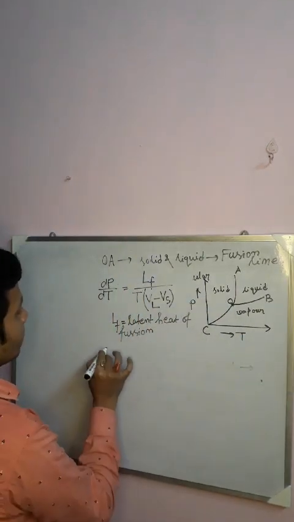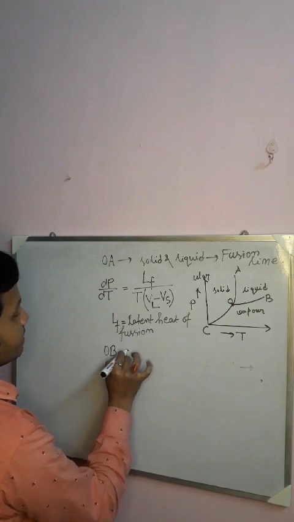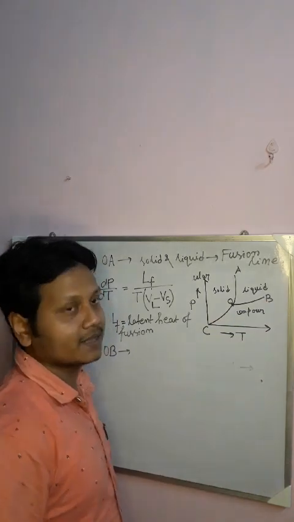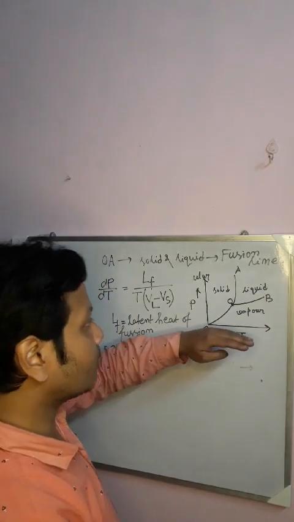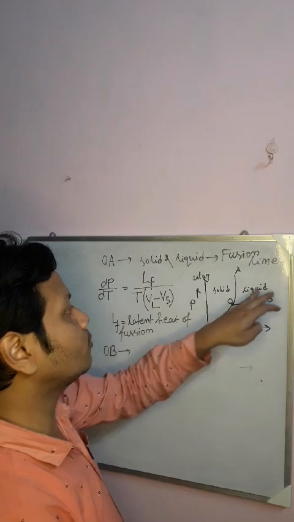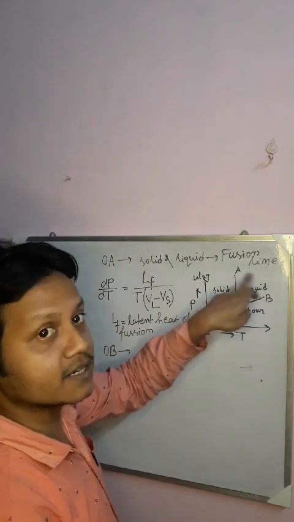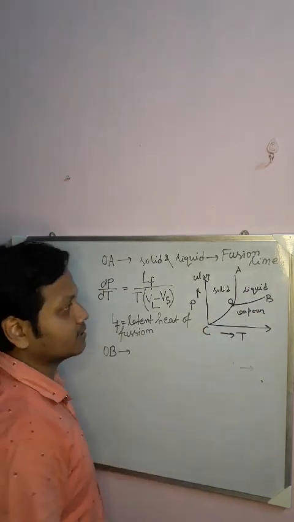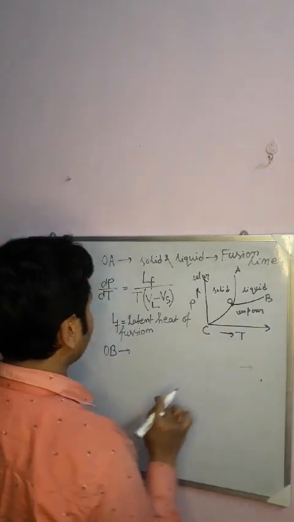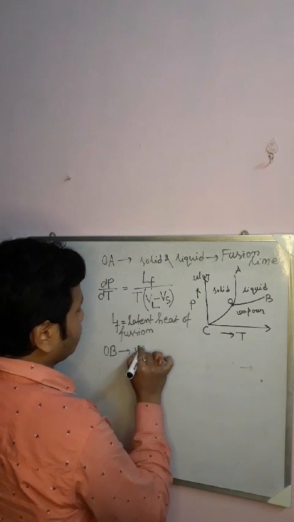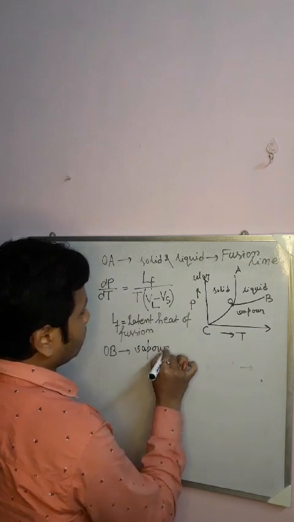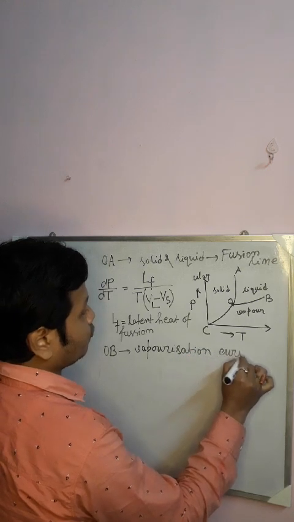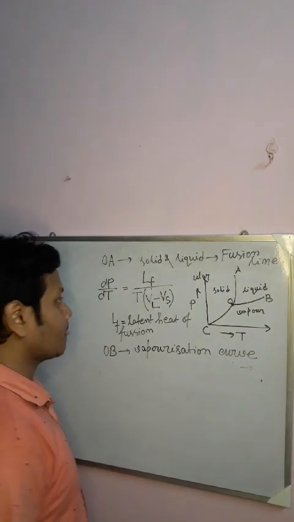Now if you look at the line OB, then this line represents the equilibrium condition between liquid and vapor. That means above OB the matter exists in liquid state, and below the OB line the matter exists in vapor state. So this is known as the vaporization curve.